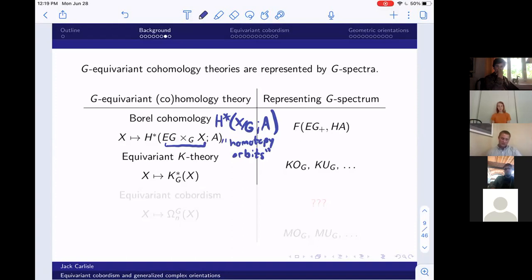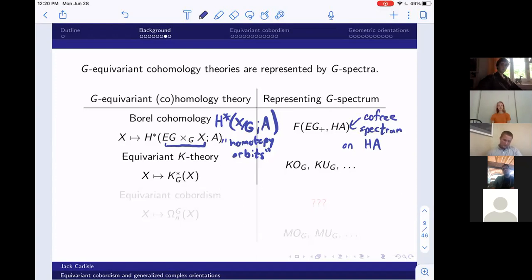We take the balanced product of this space EG with X, and this is our homotopical analog of the orbit space of X. It turns out that this defines an equivariant cohomology theory, and the representing spectrum is the so-called cofree spectrum on the non-equivariant Eilenberg-MacLane spectrum HA. So this is an analog of ordinary singular cohomology, but in the G equivariant setting.